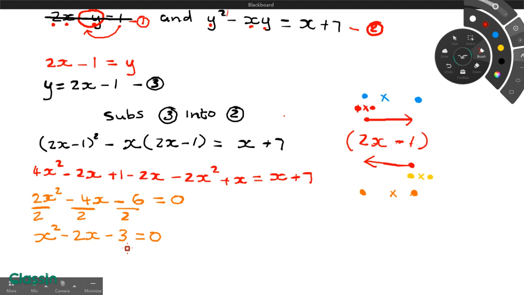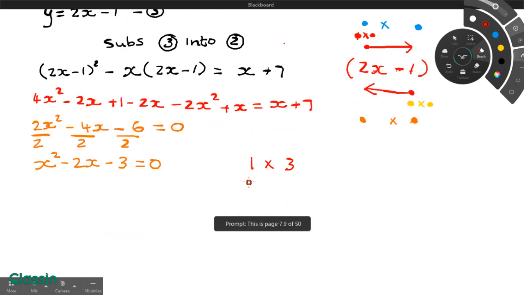Remember what I did earlier about the factors. I'm looking for the factors of 3, which is 1 and 3, and the other one is 3 and 1. When I multiply 1 by 3, I get 3. But what am I looking for? Am I looking for 3 or a negative 3? I'm looking for a negative 3.